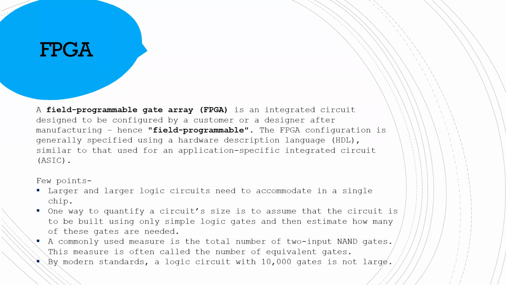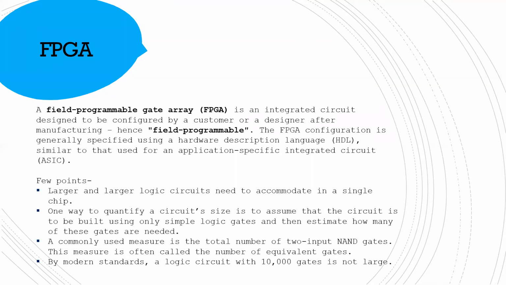Now, how do you know what is the size of the FPGA you need? The best guess is that you design your circuit using simple basic gates, AND gate, OR gate, NOT gate. Design your whole circuit using basic gates.